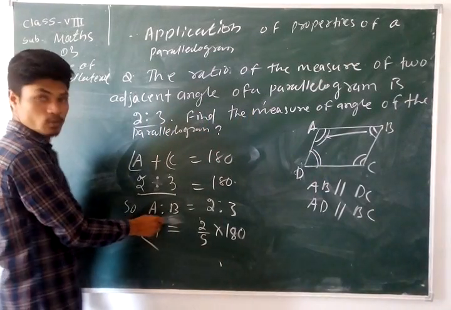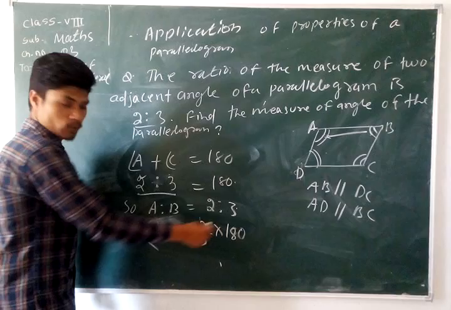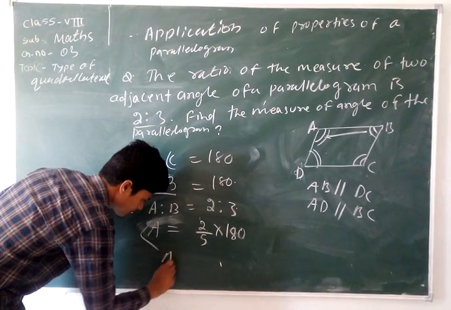So A is to B equal to 2 is to 3, then A equal to 2 by 5 into 180.